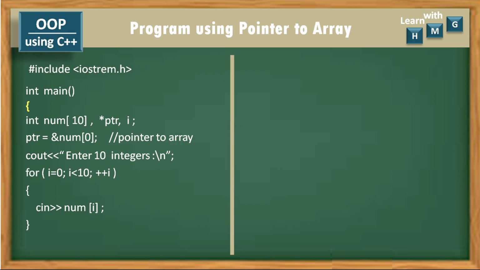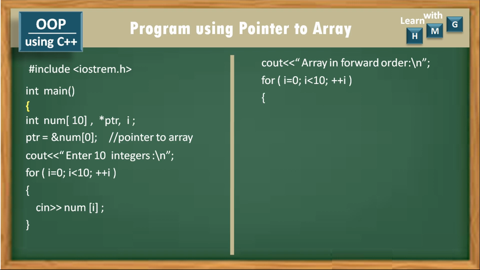Now let us go for the output operation, that is we will display the array elements in forward order, all elements from 0 to 9. Again we will require this forward loop starting from 0 to 9 with the help of index variable I. Now this is the term star of ptr plus I. See, cout insertion operator, star of ptr plus I, and one space after that.